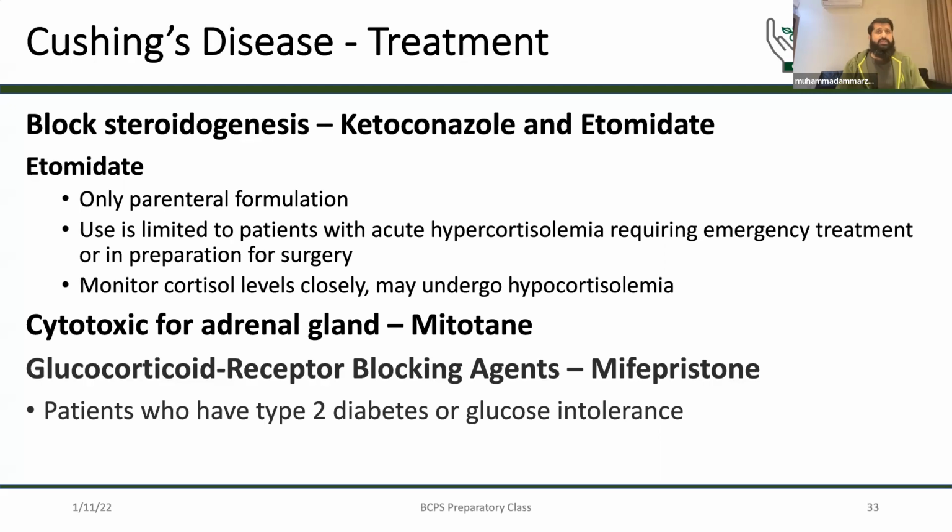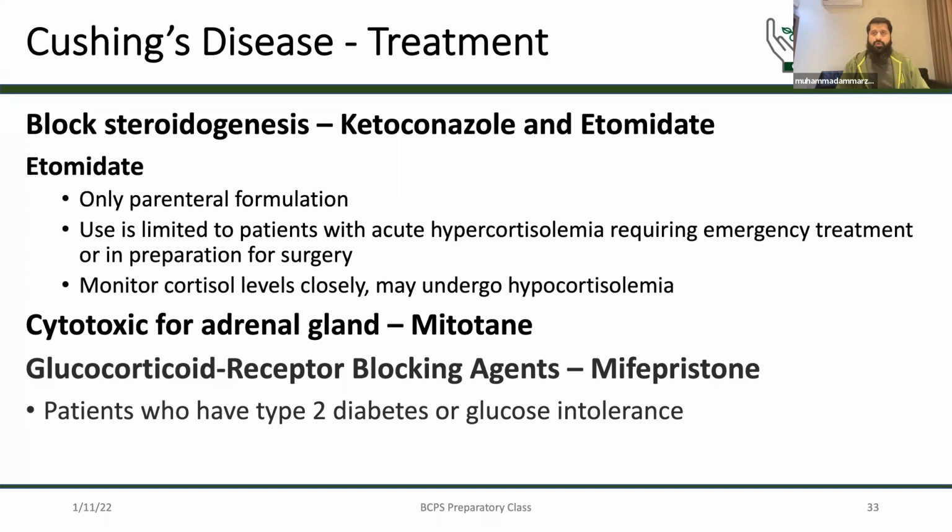There are some other drugs, for example, ketoconazole, etomidate, and metotane. These drugs could be considered in Cushing disease. They affect the synthesis of steroid in the adrenal gland. They have nothing to do with the secretion of ACTH from the pituitary gland.